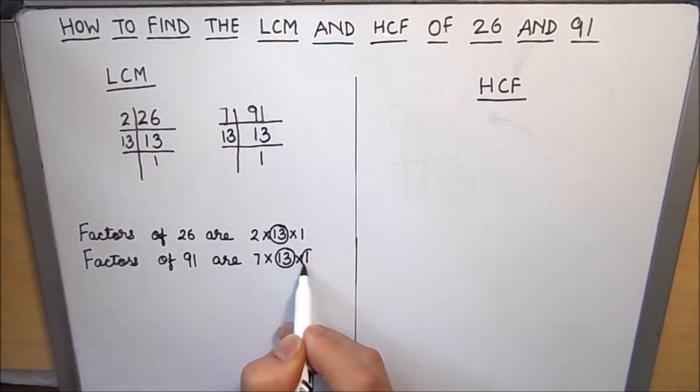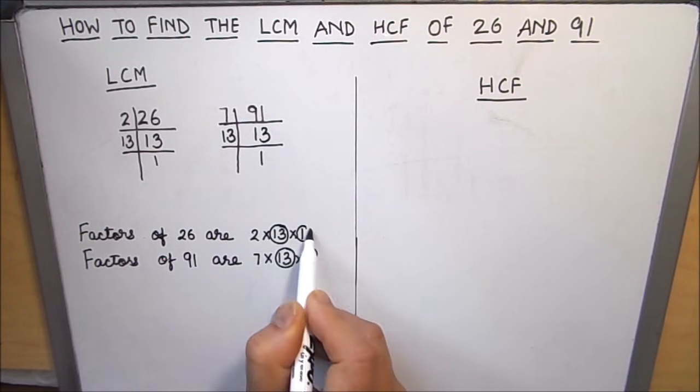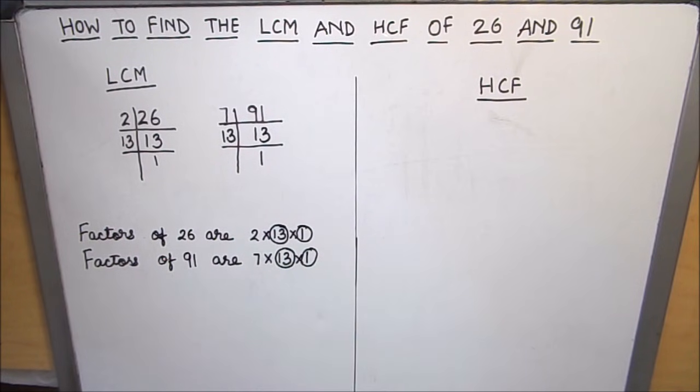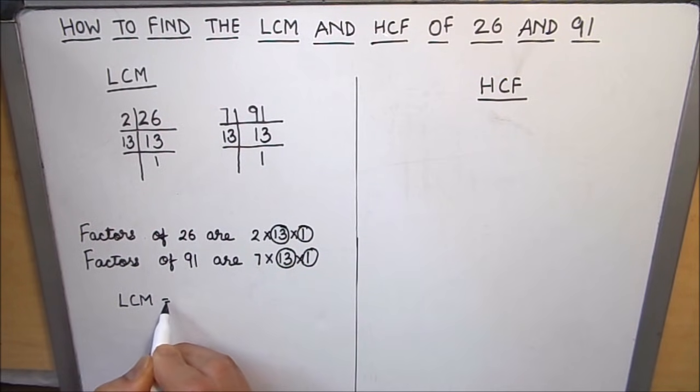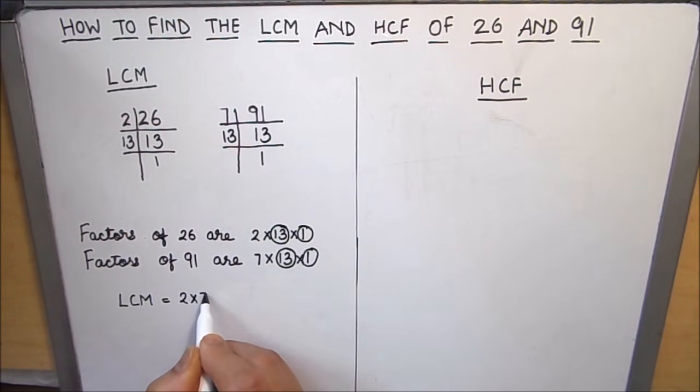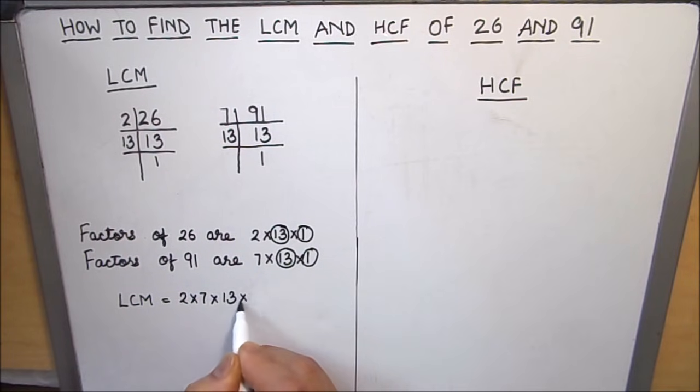and 1. So to find the lowest common multiple, we are going to write the common multiple only once. So LCM will become, as it is a multiple, so we will multiply the factors here. 2 times 7 times 13 times 1.